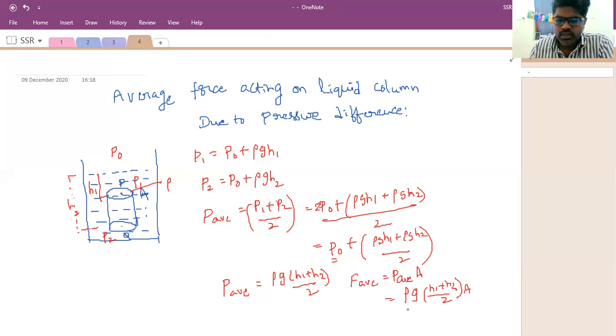This is the average force acting on the liquid column because of the pressure difference, from the topmost point to the bottommost point. It is not created by the external pressure P0, only by the height or depth difference we have discussed.